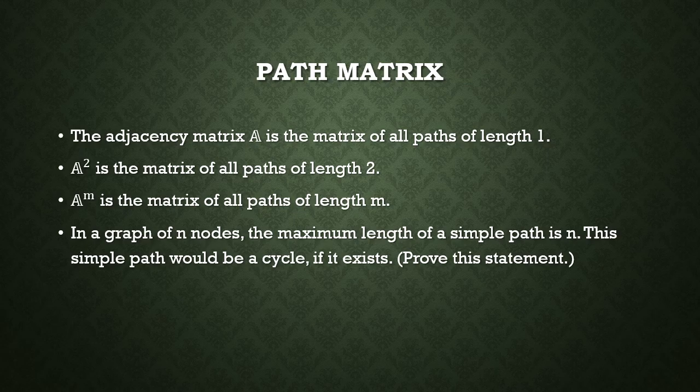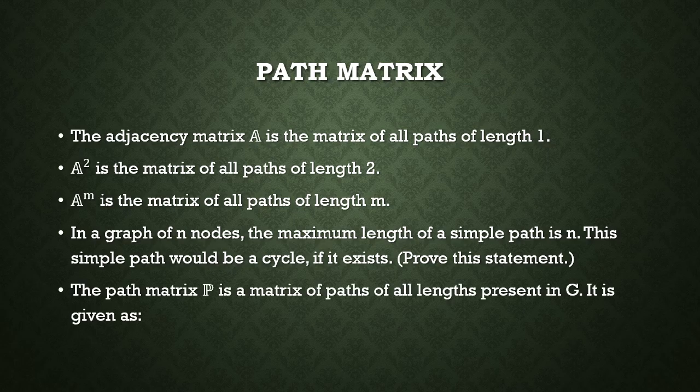In a graph of n nodes, the maximum length of a simple path is n. This simple path would be a cycle if it exists. You need to prove this statement for yourself. The first thing that you need to prove is that the maximum length of a simple path is n, and then if such a path exists, it will be a cycle.